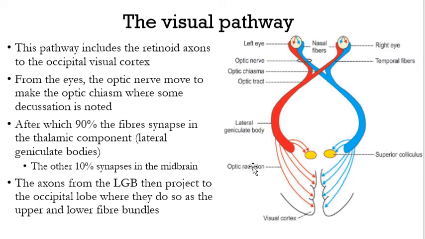Then 10% of them go to the midbrain. We shall look at the 10% that go to the midbrain when we look at the physiology of sleep. But most of them synapse in the LGBs, and then from the LGBs, they go to the occipital lobe. So this is a summary of how they move, and now we're going to go into details.